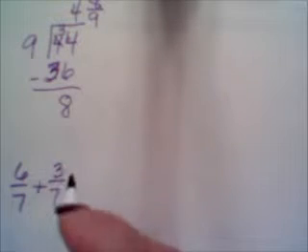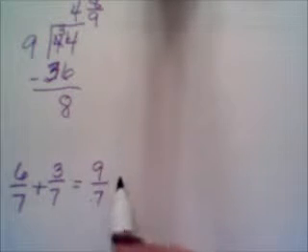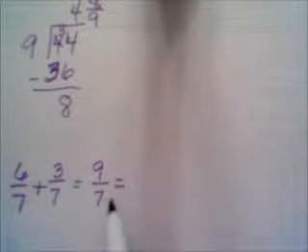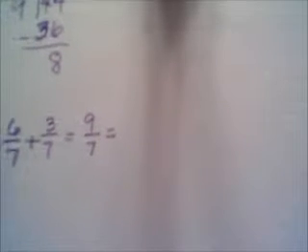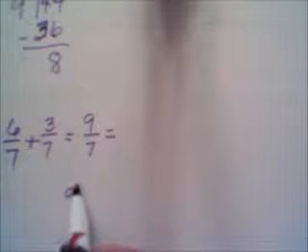Okay. So in this case, where I have 6/7 plus 3/7, again, we keep our denominator, right? We add our numerators. 6 plus 3 is 9. Okay, so my answer is 9/7. If I simplify this and change this into a mixed number, I'm going to say 9 divided by 7, okay?